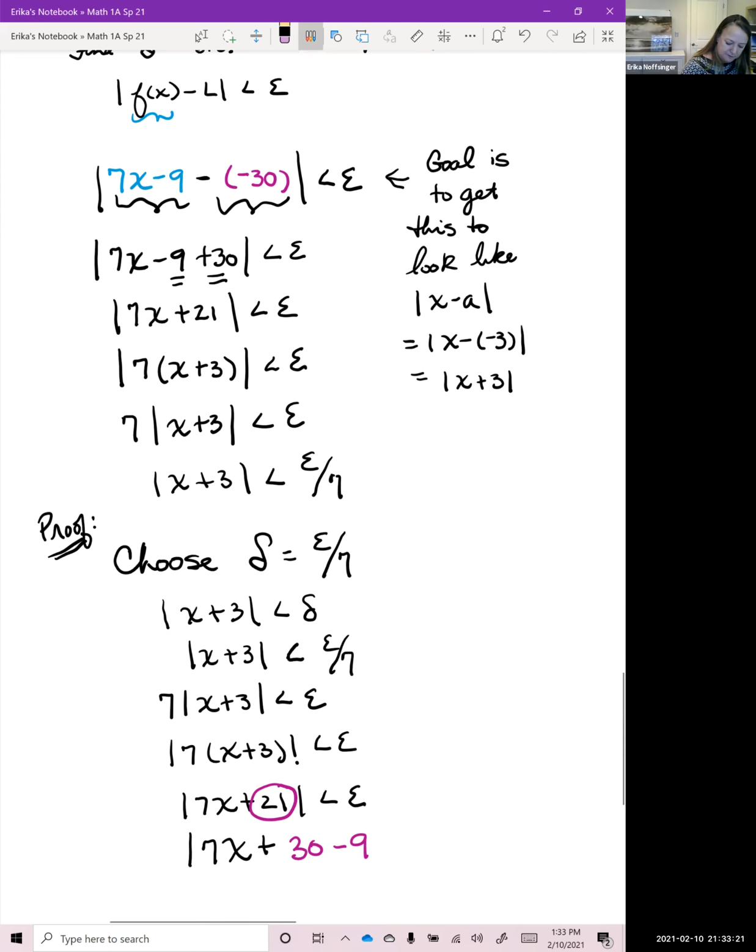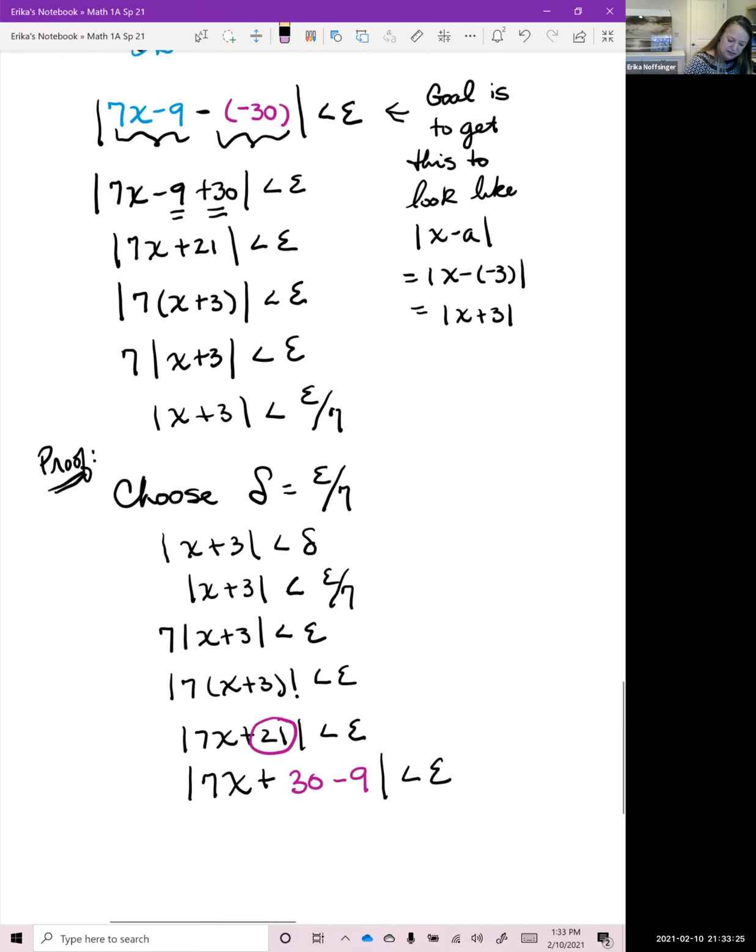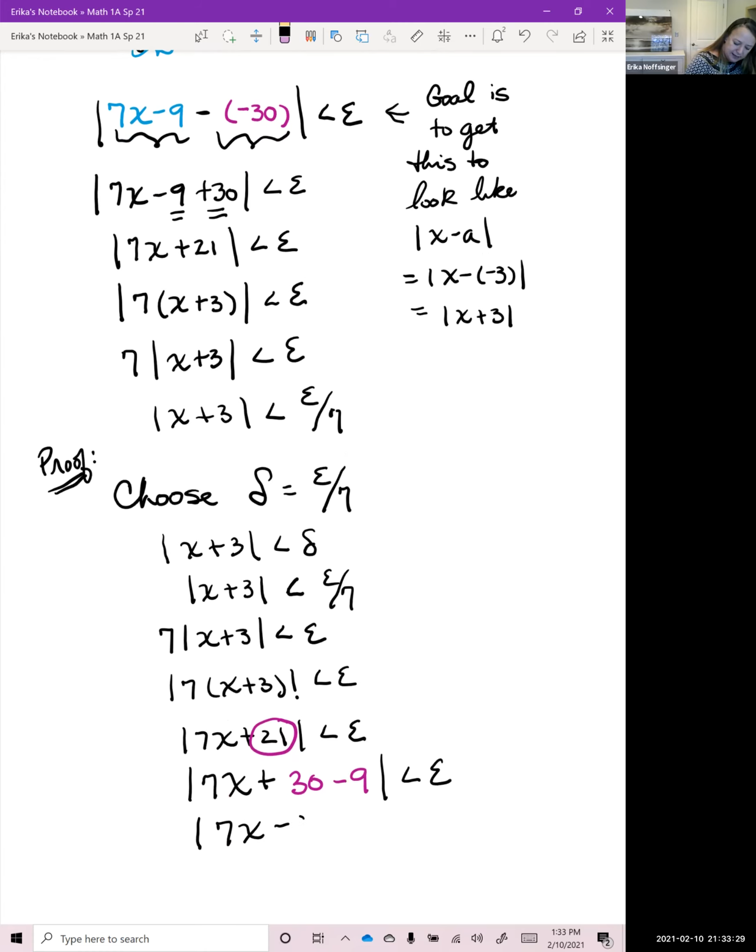And that absolute value is less than epsilon. So the absolute value of 7x minus 9, which is our f of x function, instead of writing plus 30, we're going to just write it as minus a negative 30, is less than epsilon.